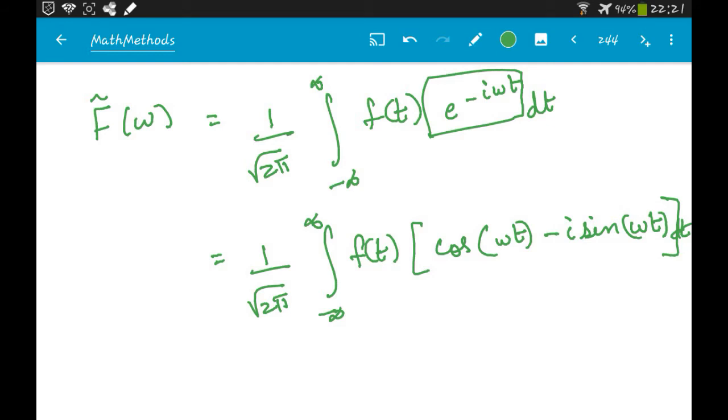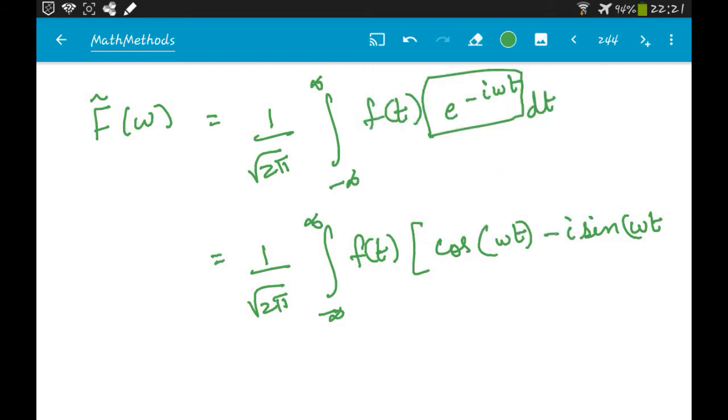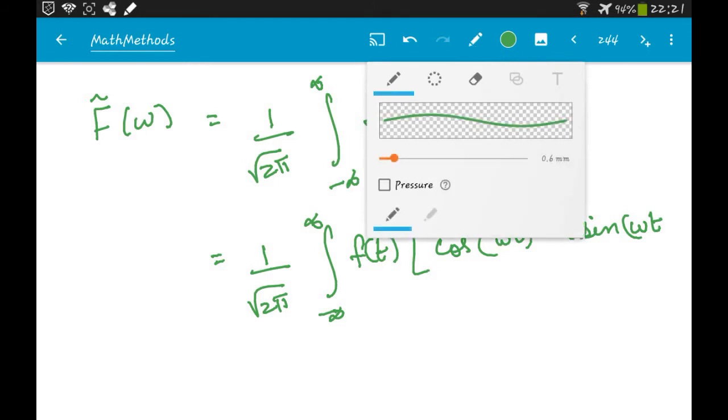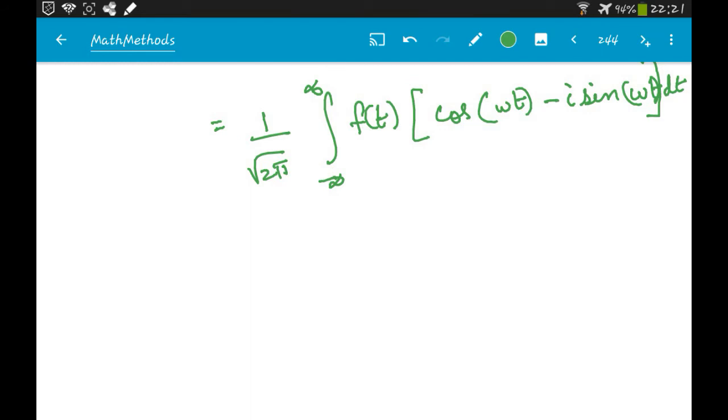Now let's see. Okay, so this is how we have written. Now if f of t is an even function, right, then you know that f of t cos omega t will also be an even function, right?